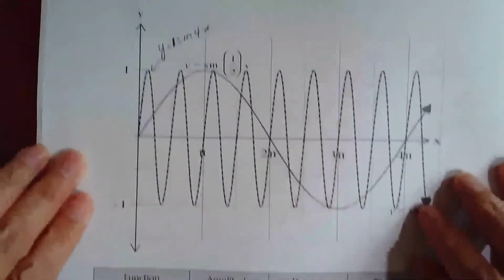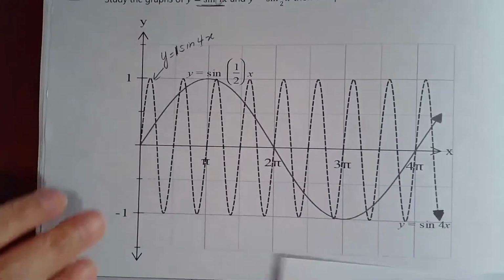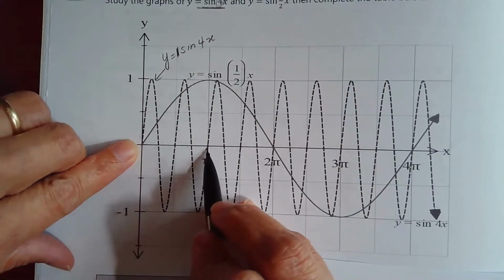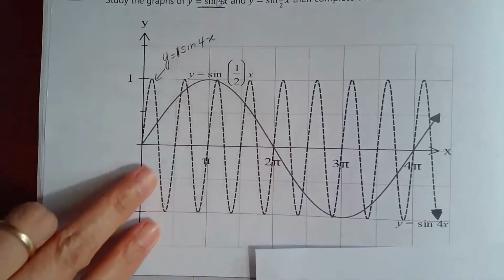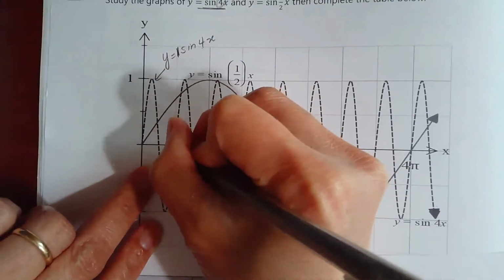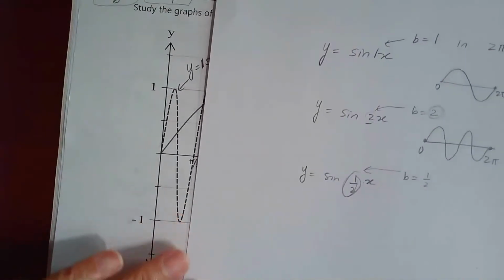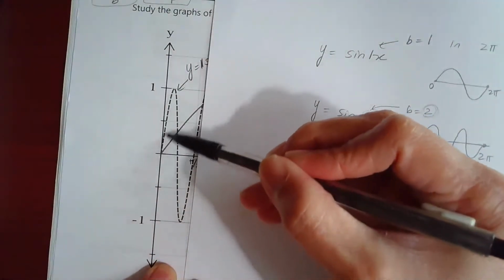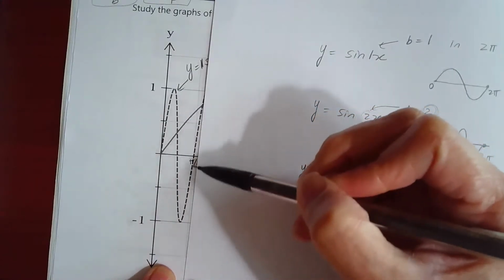Where's pi halves in our picture? So we go from 0 to pi, this is pi, and pi half is there. Pi half is here. As you can see, this is one complete cycle, one complete wave.